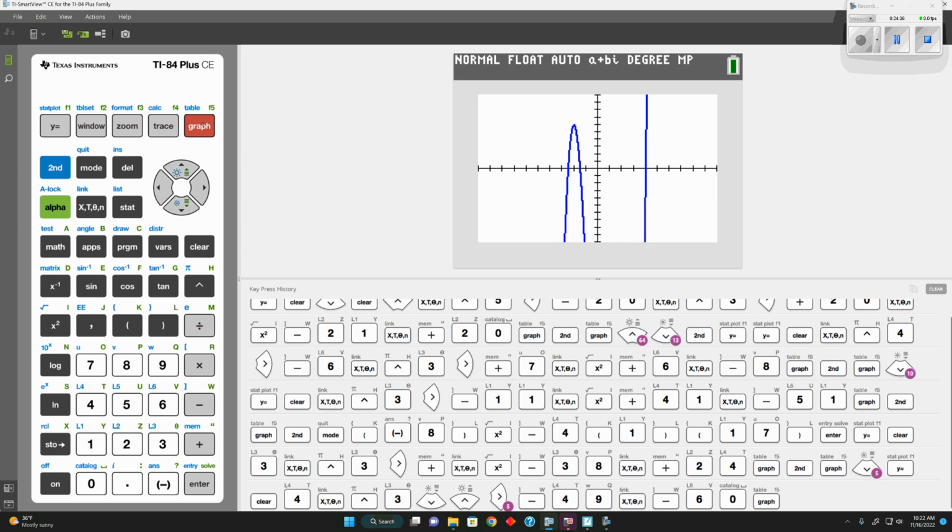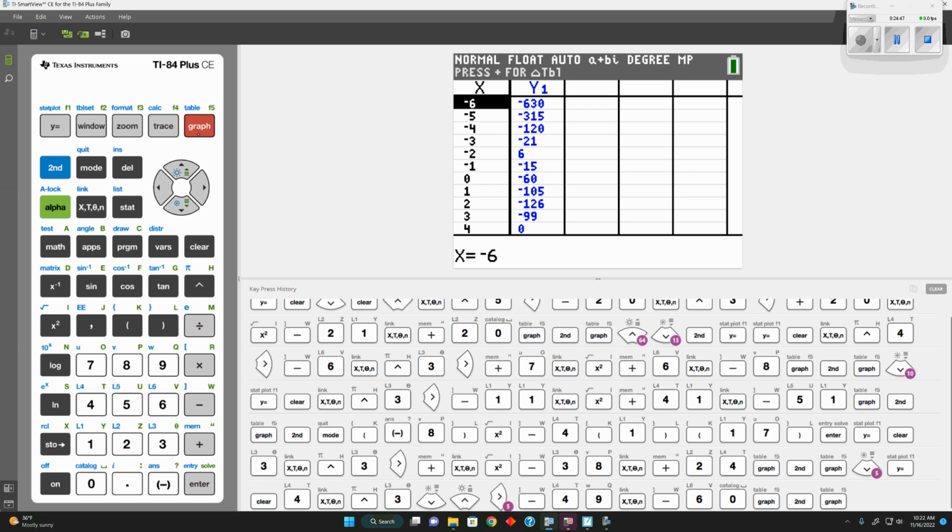Graph. Well, we do have one nice number at 4, yes? And we can look at the table. And we do see when x is 4, the y value is 0. So we do have one solution so far.